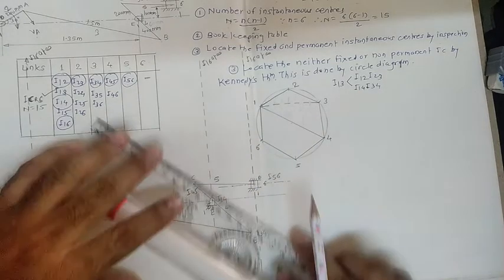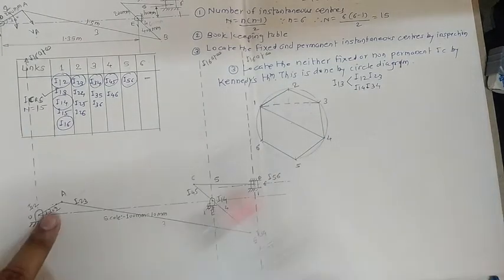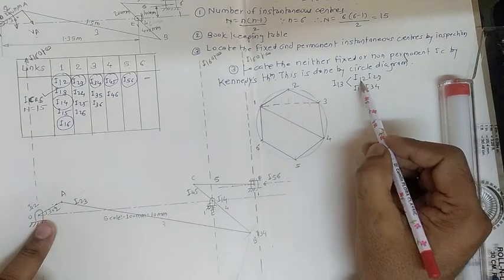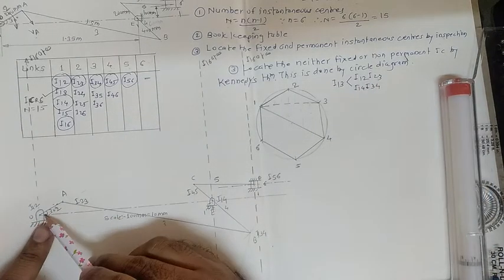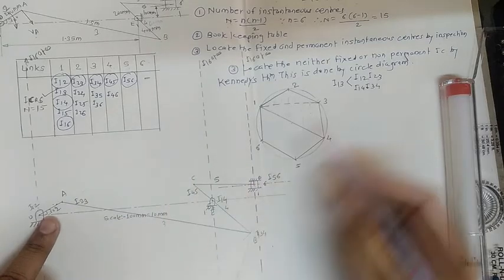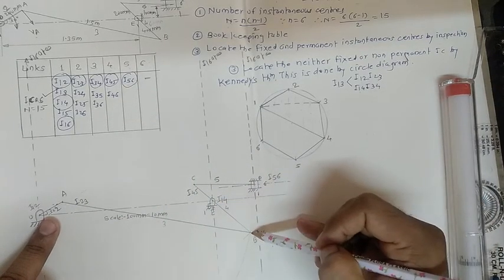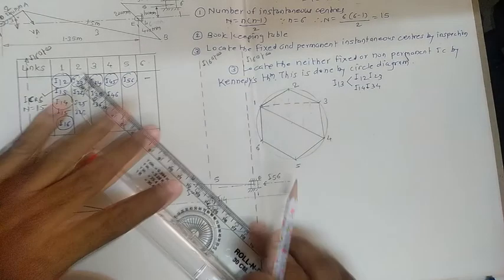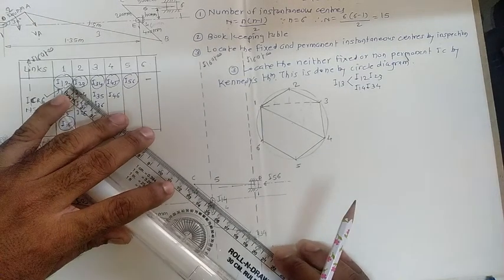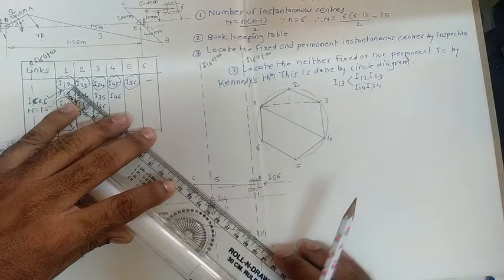So I'll extend this one. I'll repeat. I12 is here, 2 3 is here. Next one I14 is here, and 3 4 point is here. Okay, so extend the line from both the points in this way.